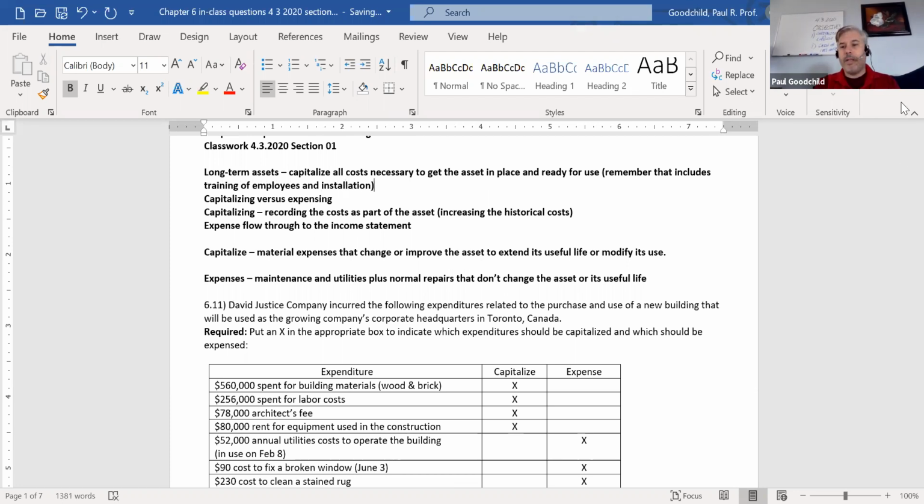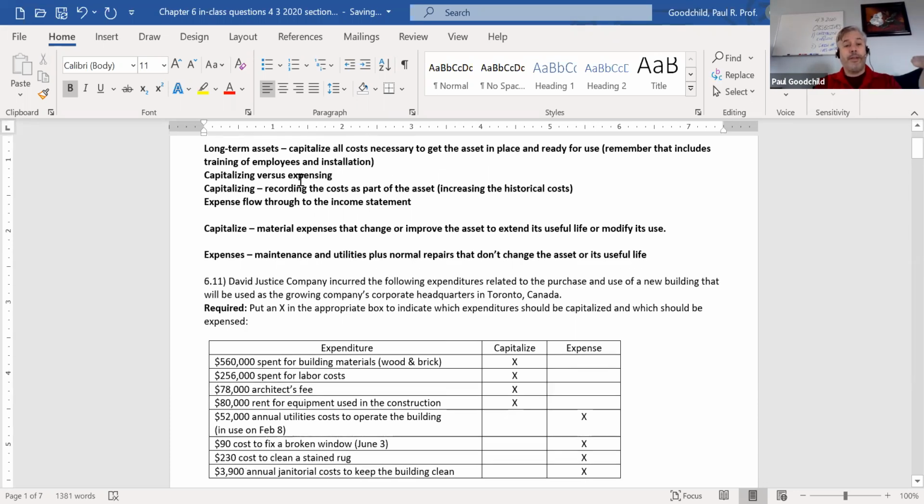So that might clear it up. That's a reminder from before. These capitalized things apply both when the asset is first put in place and when making changes to the asset.